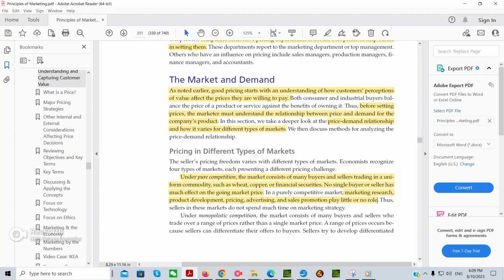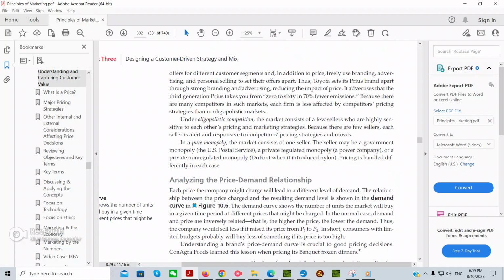Now, you have the opposite. Under monopolistic competition, the market consists of many buyers and sellers who trade over a range of prices rather than a single price. A range of prices occurs because sellers can differentiate their offers to buyers.